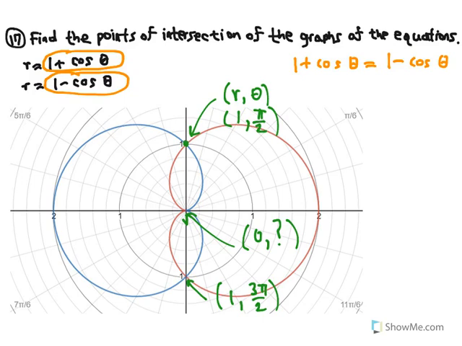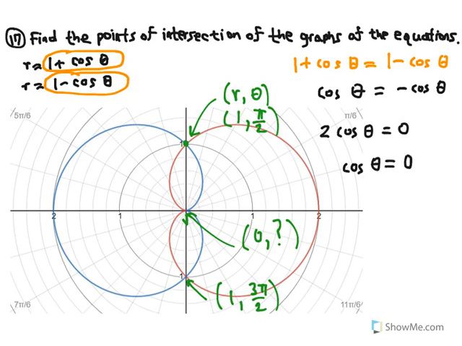Subtract 1 from both sides of the equation, and you will get cosine theta is equal to negative cosine theta. Add cosine theta to both sides of the equation, and you'll get 2 cosine theta is equal to 0. Divide both sides of the equation by 2, you get cosine theta is equal to 0.